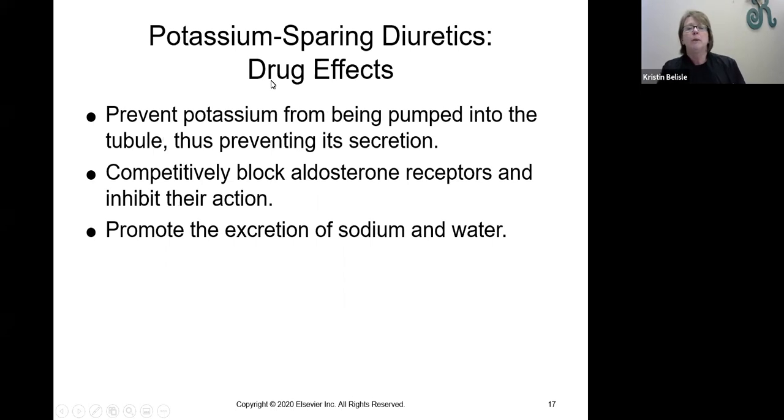It prevents potassium from being pumped into the tubule, thus preventing its secretion. It competitively blocks aldosterone receptors and inhibits their action, and promotes the excretion of sodium and water. So it blocks sodium reabsorption, water will stay wherever sodium is, and it prevents potassium from being pulled into that system and urinated out.